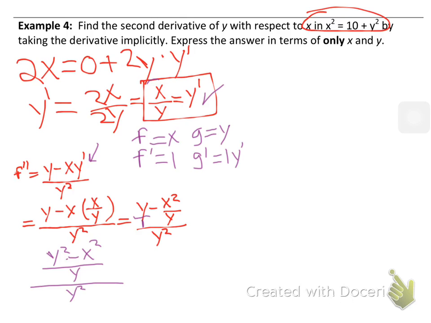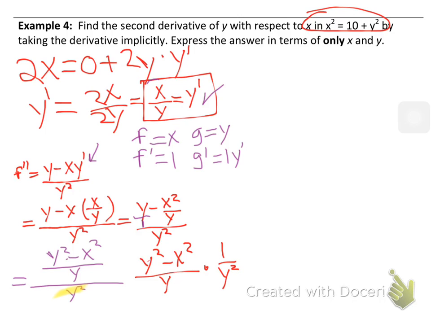So of course if you don't see this, when you divide by the big denominator, this y squared, it's the same equivalent statement as taking our numerator, y squared minus x squared, all over y, and multiplying it by the reciprocal, 1 over y squared.